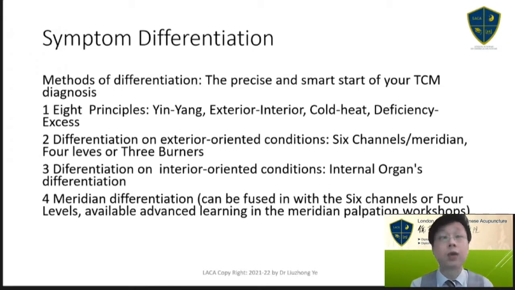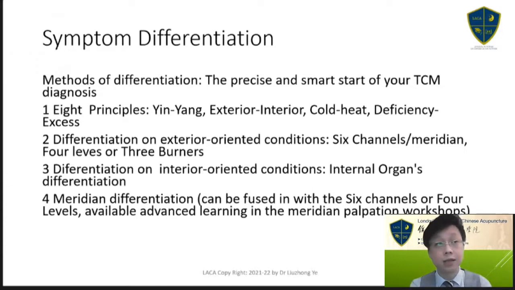But I found they are not enough, because if we can bring in the Six Channels, the Liu Jing, or Wei Qi Ying Xue, when it's heat oriented or cold oriented, you can have different types of directions. Then they will help you get more details and a more precise diagnosis. So this is how the Six Channels and Four Stages come in with those exterior oriented conditions.